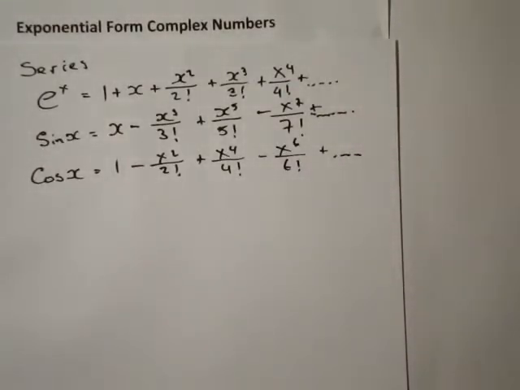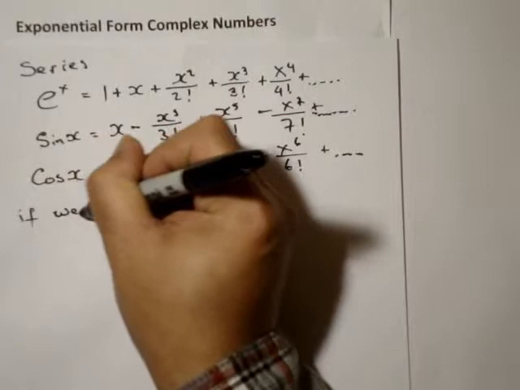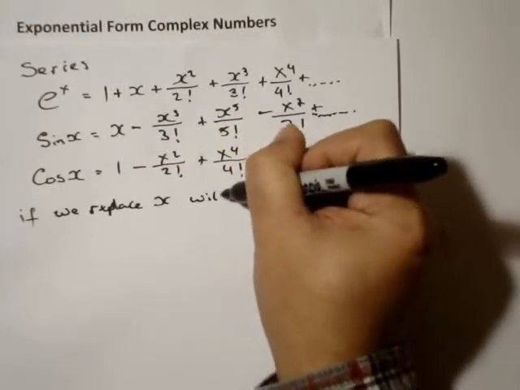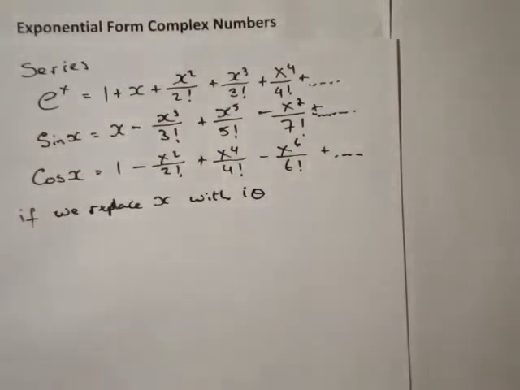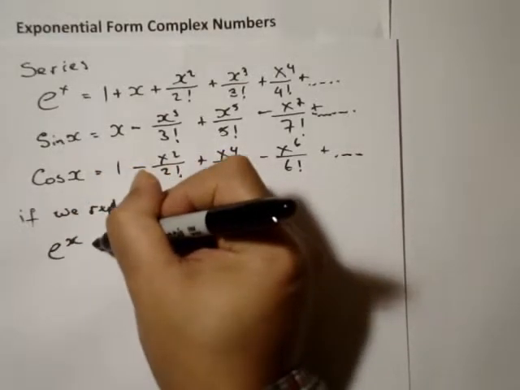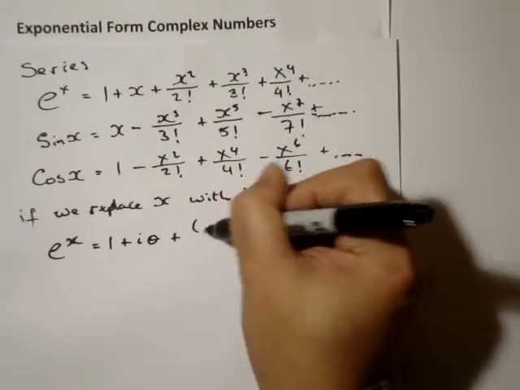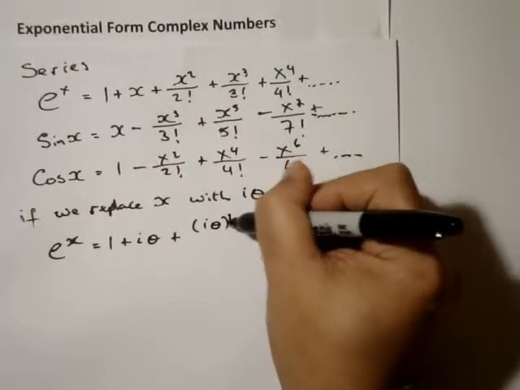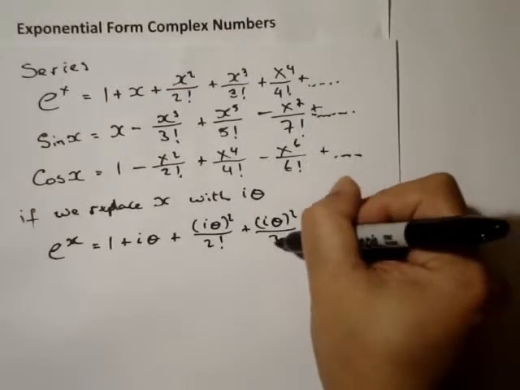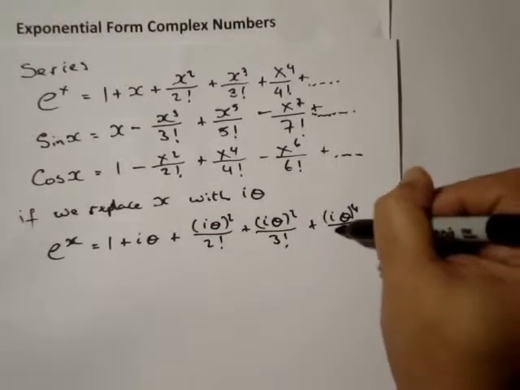And the series continues. Now if we take the series for e to the x, if we replace x with i theta, then e to the x becomes 1 plus i theta plus i theta squared over 2 factorial plus i theta cubed over 3 factorial plus i theta to the power 4 over 4 factorial, and so on.